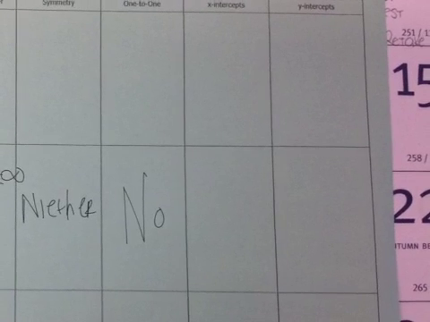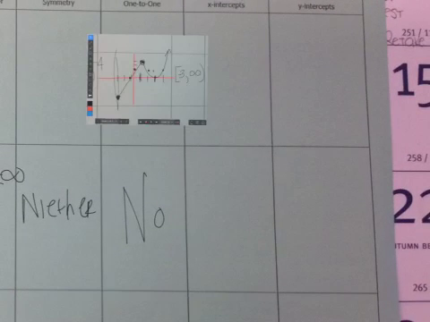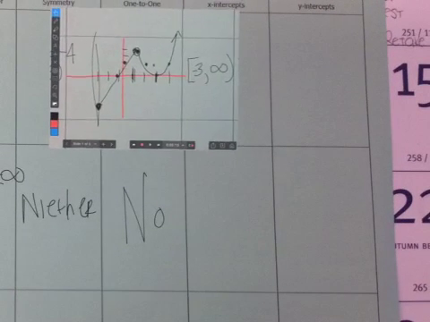For my x-intercept, I'm going to bring the picture of this graph back. For the x-intercept, I can see there's 2 places that I'm intercepting. I've got one at -1, 0 and 3, 0. Those are the 2 places that I cross or touch even my x-axis.